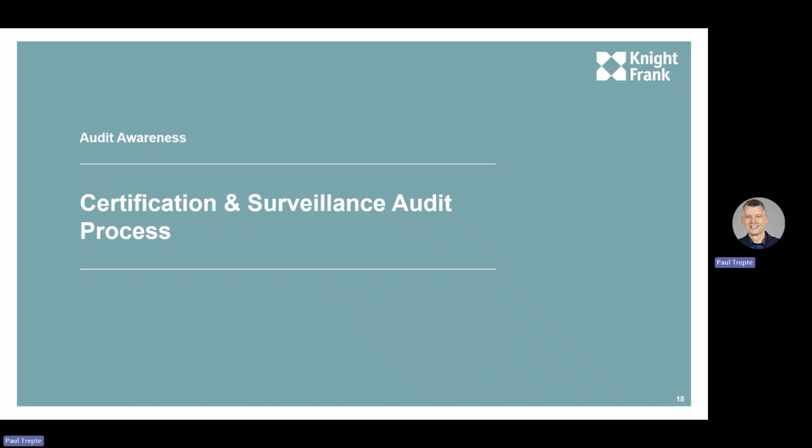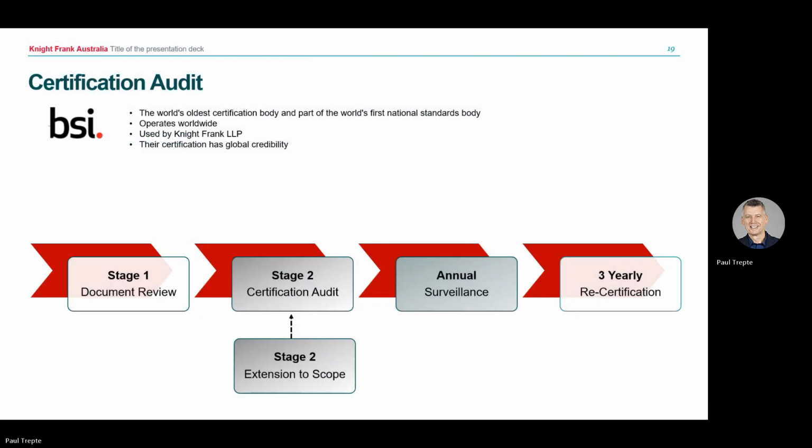So in this section, we're going to talk about our certification process and why we picked this particular certification body as well. We've partnered with BSI to do our ISO certifications. Now, BSI are the world's oldest certification body and are part of the world's first national standards body.